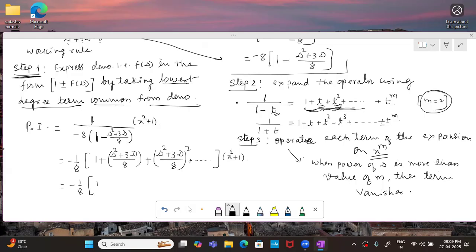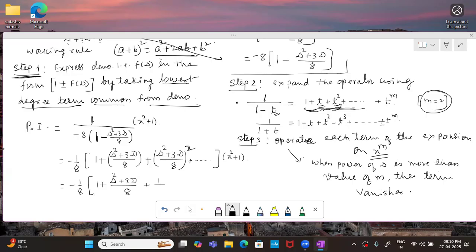See here, 1. Keep d square as it is, 3d also as it is, divided by 8. But here there is a square. So use binomial formula, a plus b whole square, and expand that one. What is a plus b whole square? A square plus 2ab plus b square. That is an expansion formula. So just use that formula here.